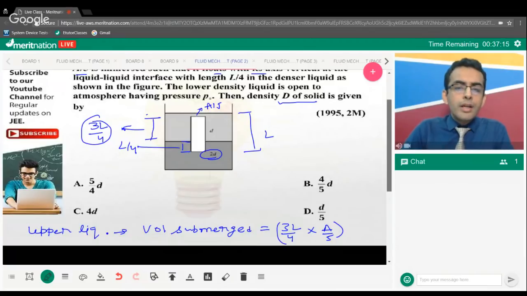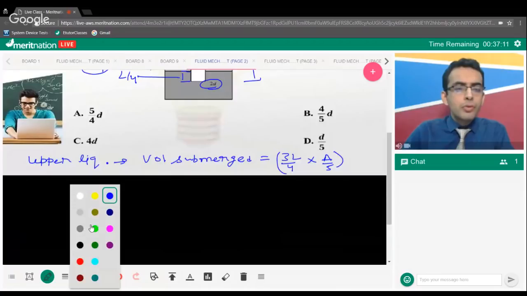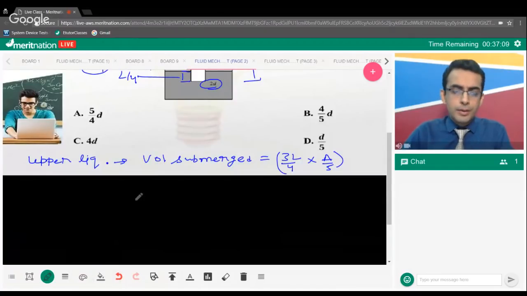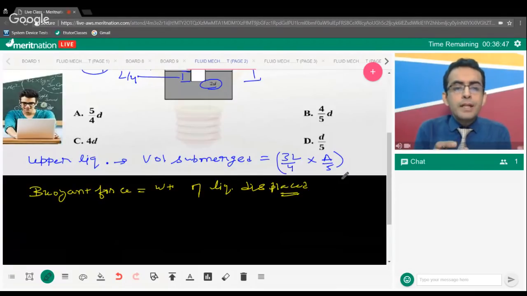So what is the buoyant force applied by the upper liquid? Buoyant force is equal to the weight of liquid displaced, which we have to find.